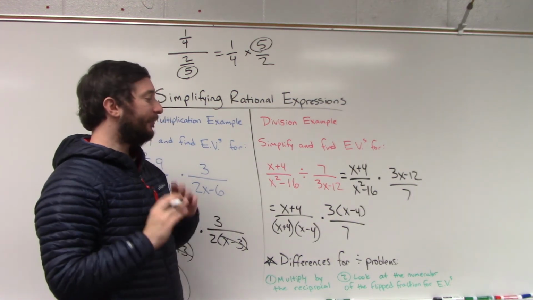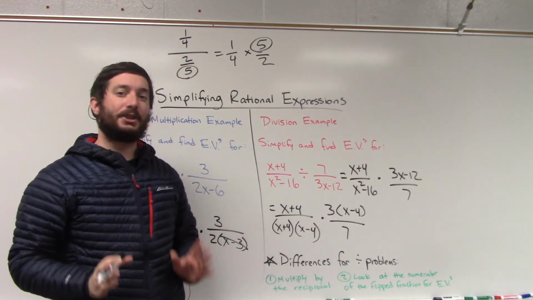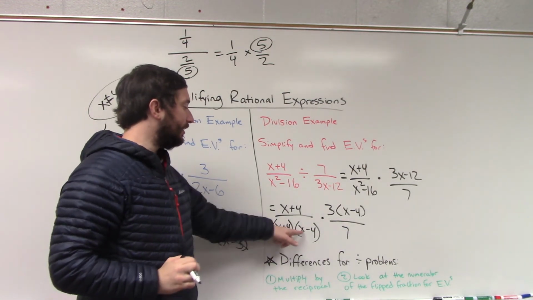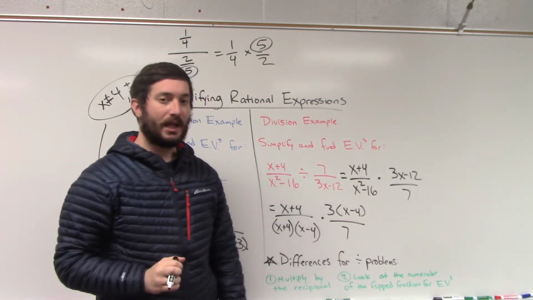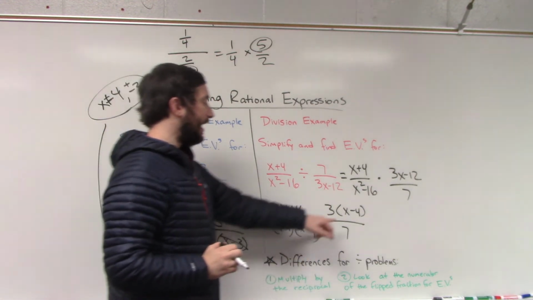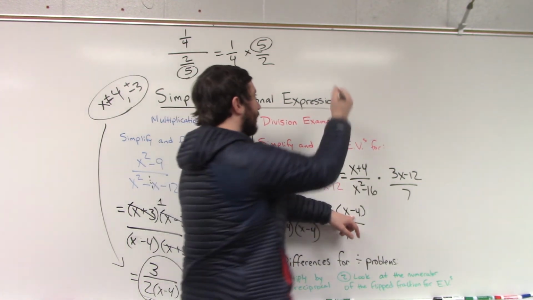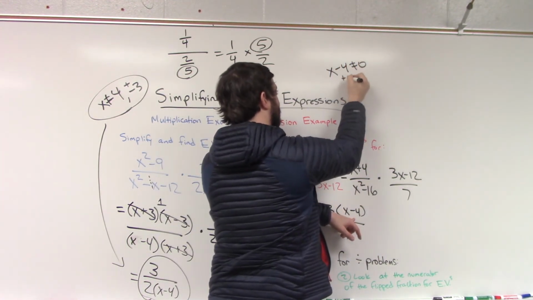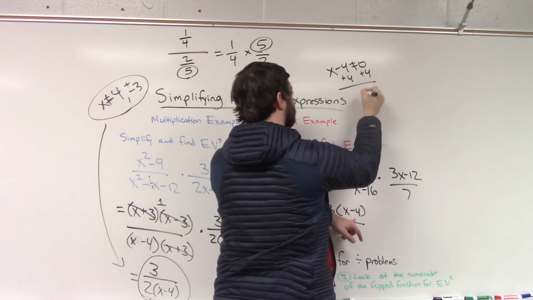Therefore, we can find excluded values not just from denominators, right? We can find excluded values here and here, but also from the numerator that flipped. In other words, x minus 4 cannot equal 0. This is how we would find an excluded value for our problem.